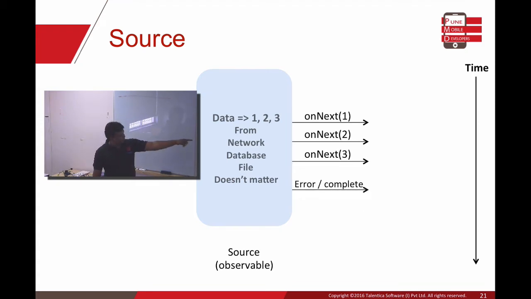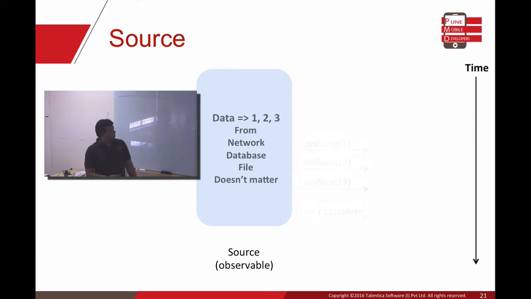So here, if there is an error or the data is exhausted, the observable or the source can inform all the subscribers, okay, I don't have any more data, so maybe you can move on to some other processing. And these are called exactly once. Once some error happens, it will not call on next after that. When on complete happens, it will not call on next after that. On next is how we pass the data. So here we are assuming the data is some integers 1, 2, 3, right?